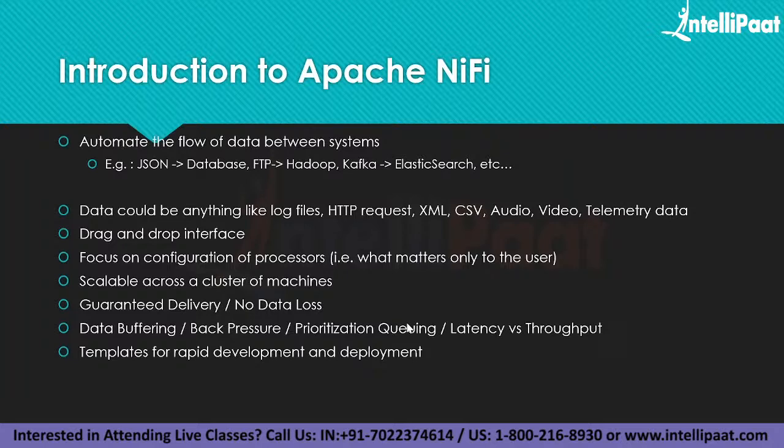Telemetry data, for those who are unaware, is the data which is getting generated at the source, and you want it to be transferred to the destination very quickly the moment it gets generated, like IoT, right? So these kinds of use cases. Apache Nifi is turning out to be really popular in IoT use cases, guys. So that's the future use cases.